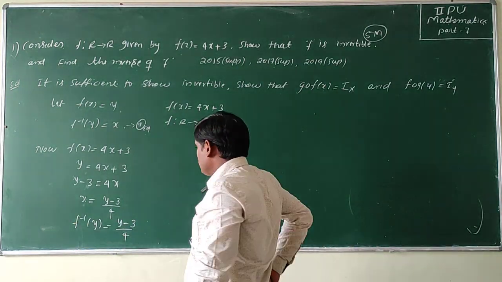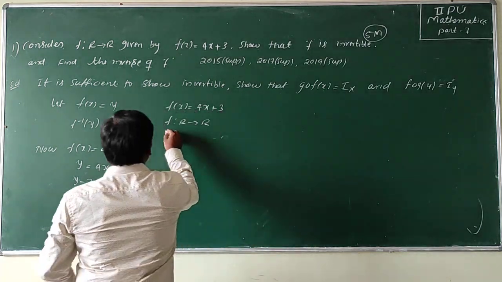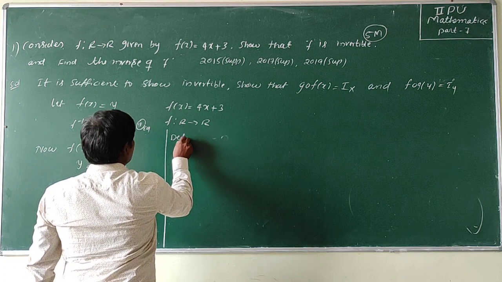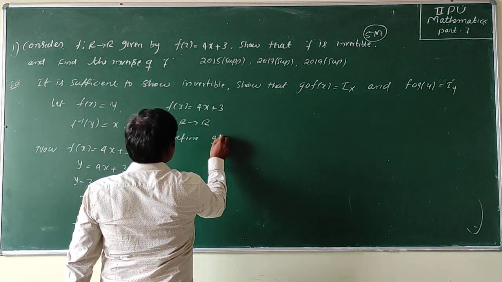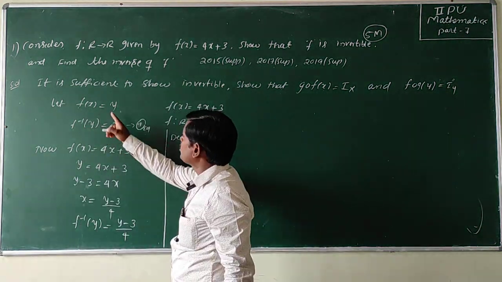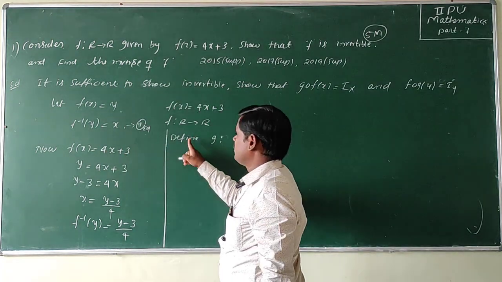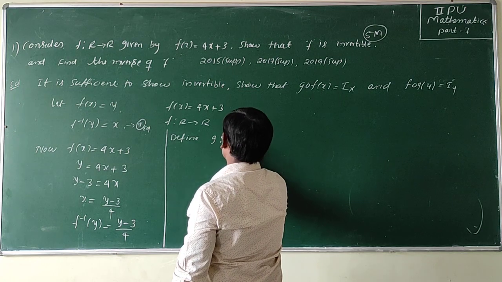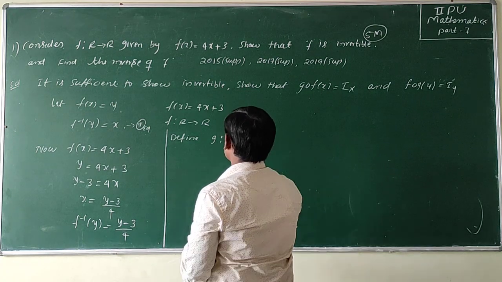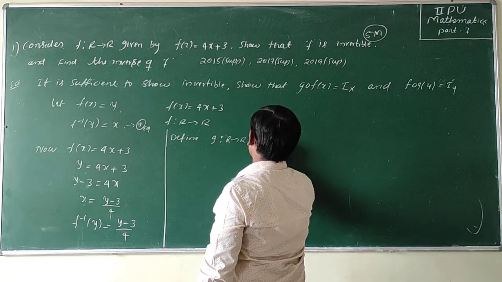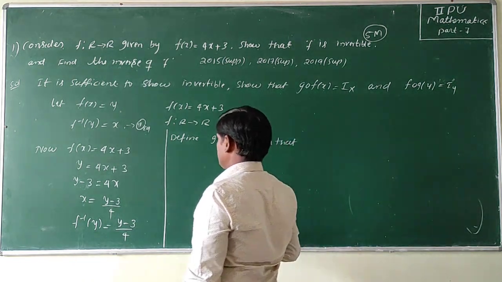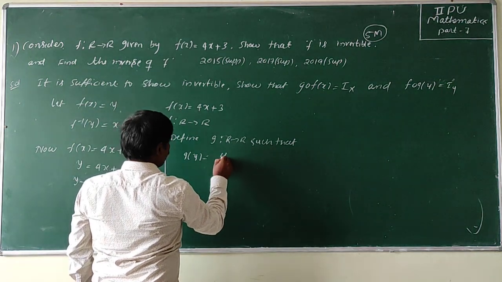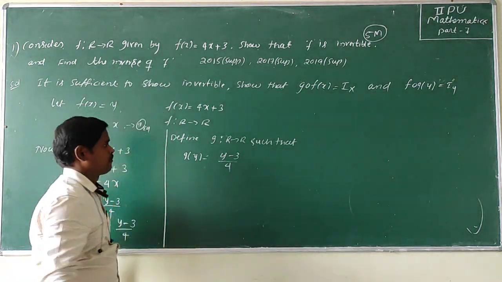Define g from R to R such that g of y is equal to (y minus 3) divided by 4.